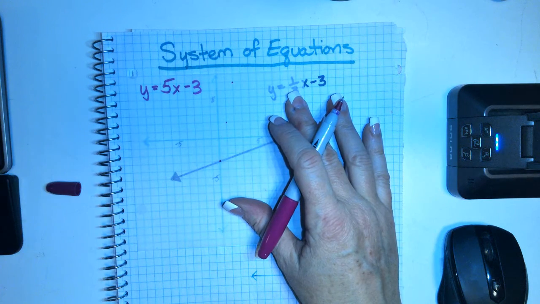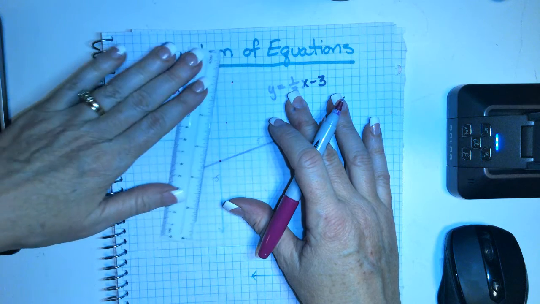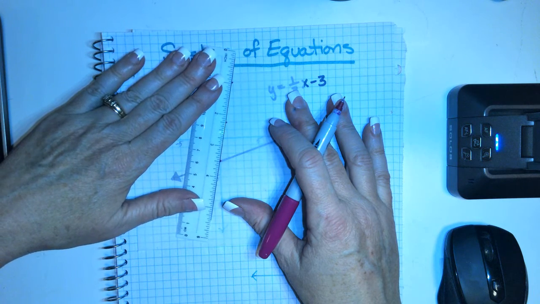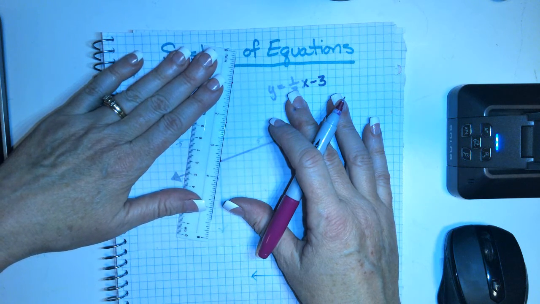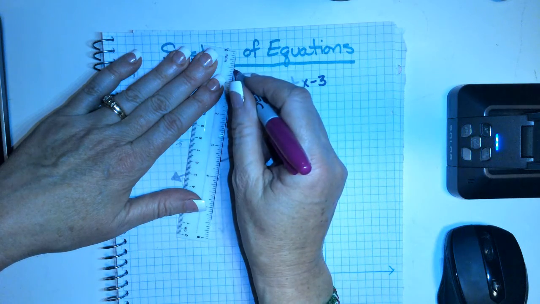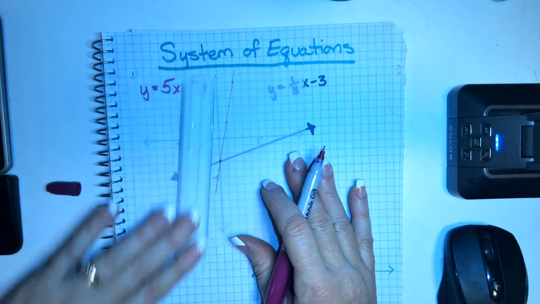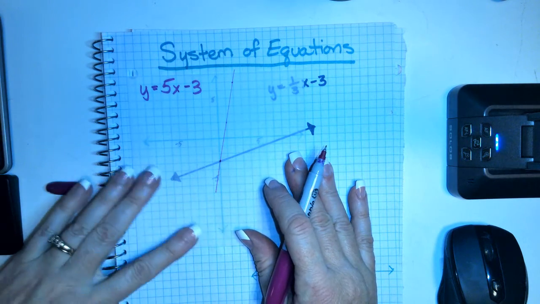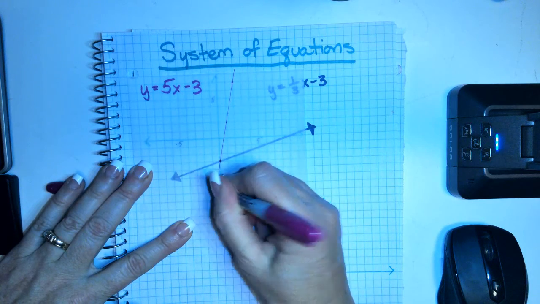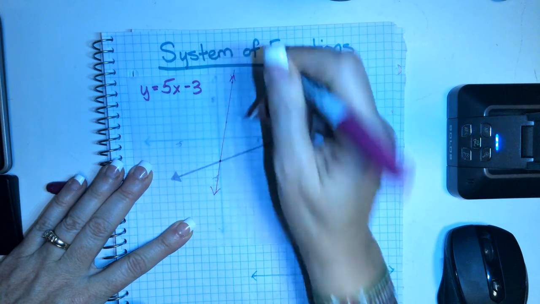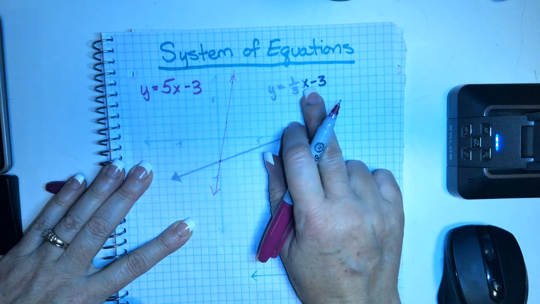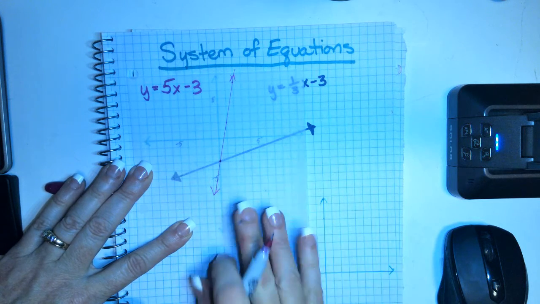And then I'm going to use a straight edge. It's going to be really important that I actually use a ruler to do this, so that my answer is precise. So I have my first equation and my first line.